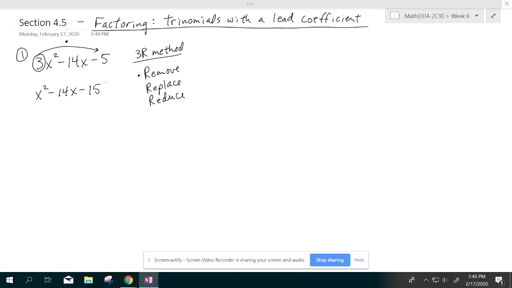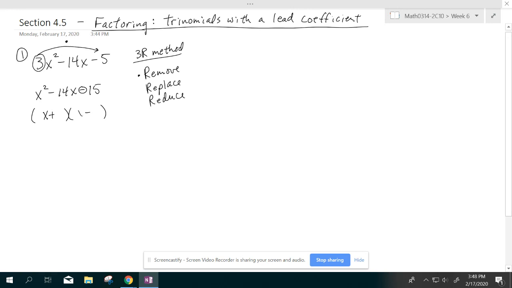Now, by removing the 3 on the front, I now have this as a standard trinomial, which is what we just got through doing, and you should know how to factor it. Can you read the signs? Minus at the back makes them different.